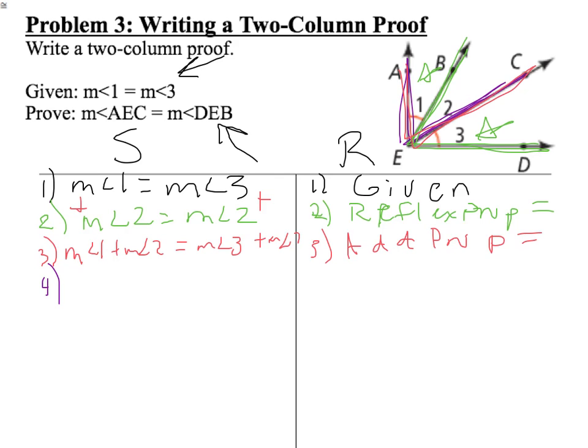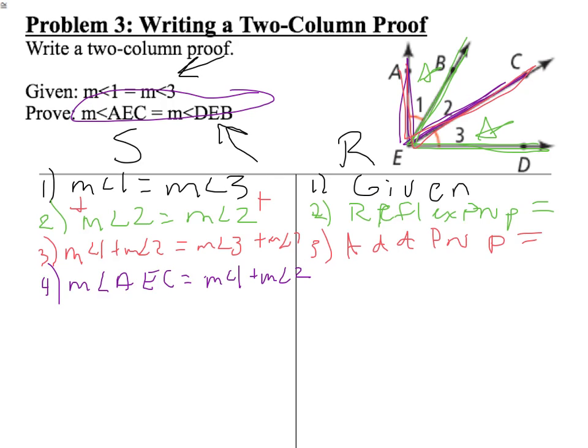My fourth step, I need to actually state what angle AEC is equal to and DEB, because that's what I'm trying to get to. So I'm going to say that measure of angle AEC is equal to measure of angle 1 plus measure of angle 2.